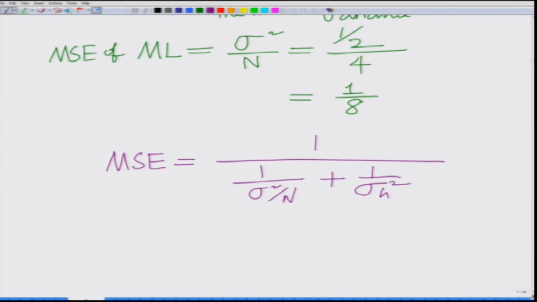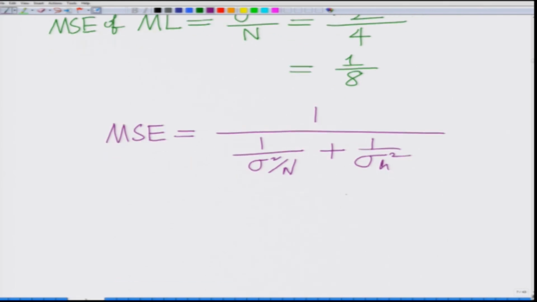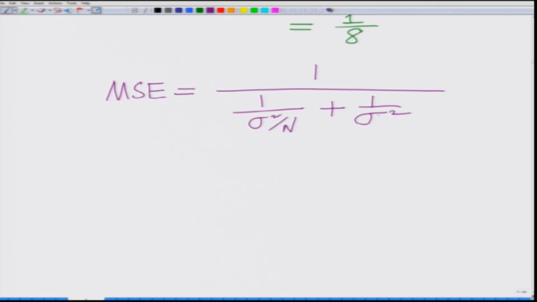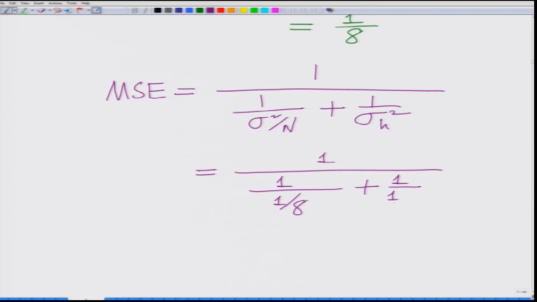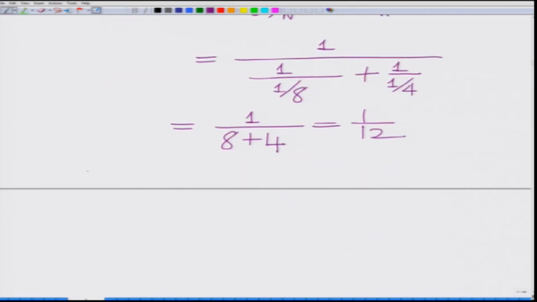All we have to do is substitute the various quantities. So, this will become 1 over 1 over 8 plus 1 over sigma h square is basically 1 over 4, and this will be 1 over 8 plus 4 equals 1 over 12, and therefore, the net MSE equals 1 over 12.